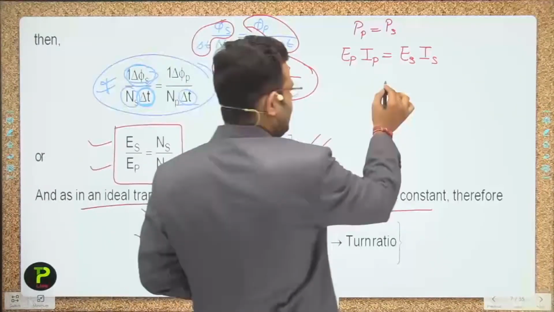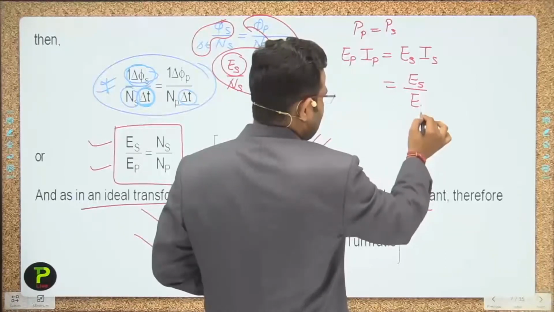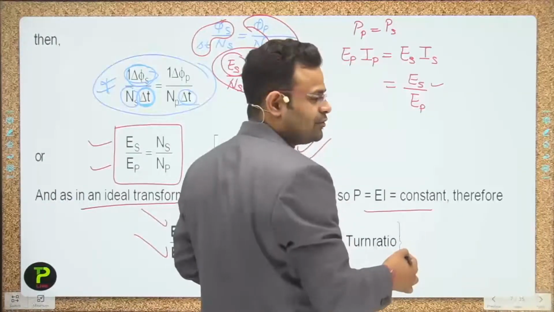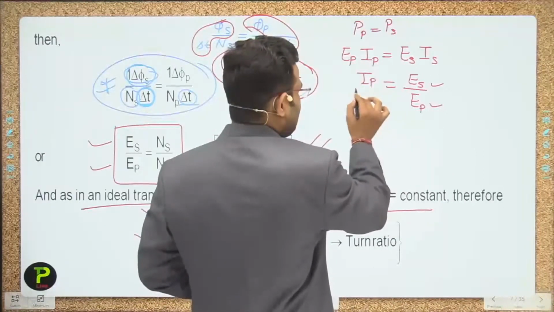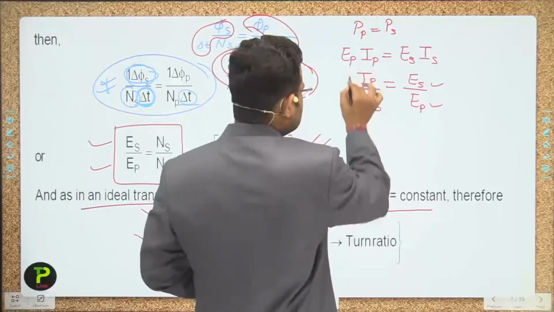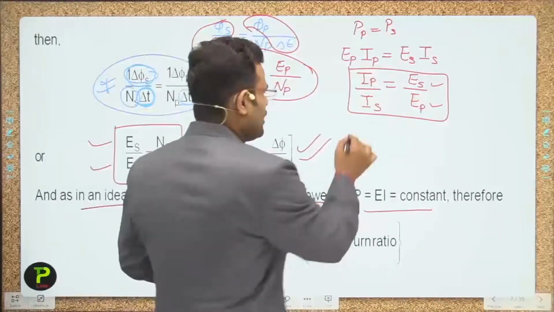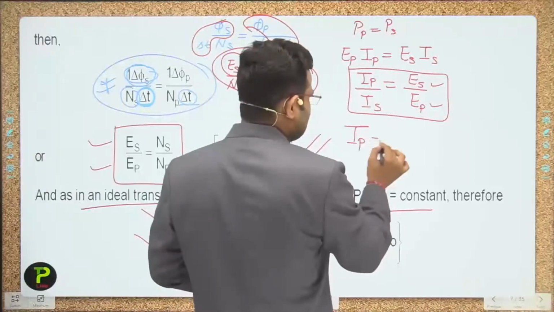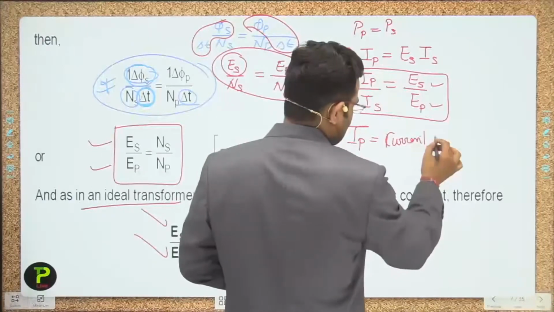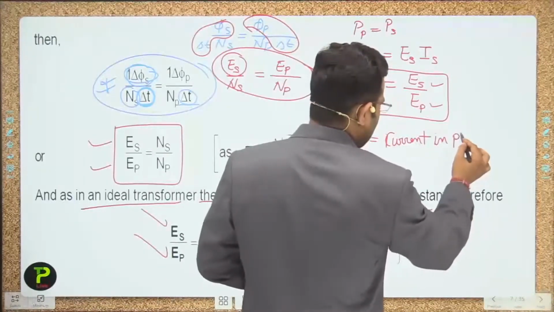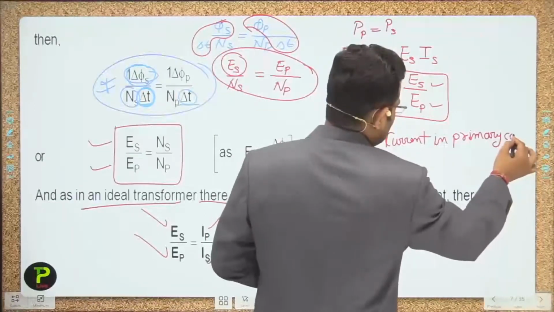So we get Es upon Ep, the secondary coil voltage upon the primary coil voltage, equivalent to Ip upon Is. What are Ip and Is? Ip is the current in the primary coil.